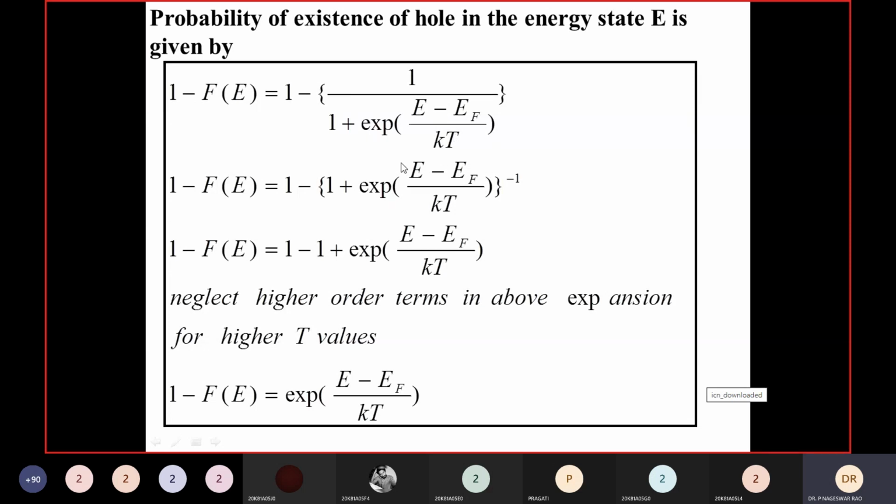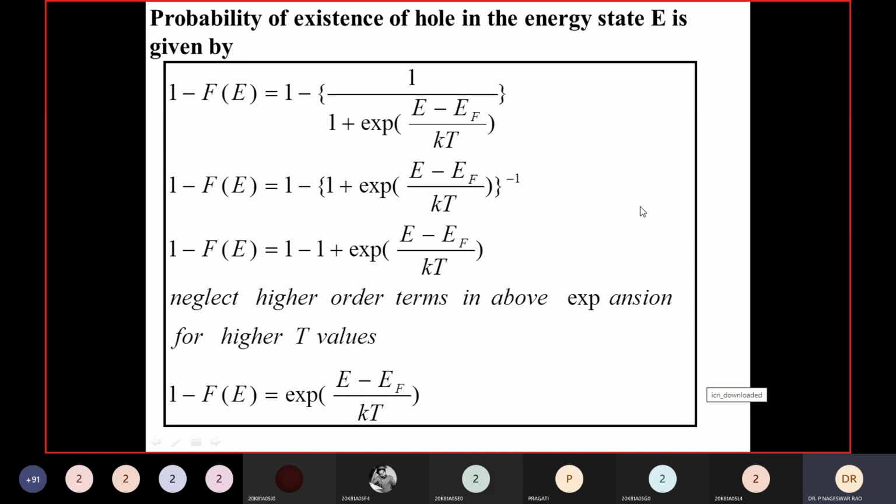Now what we are considering here is that this exponential value will become small. If the exponential value is small, this will be like 1 plus x whole power minus 1. If you expand it, we get 1 minus x plus x square minus x cube, like that.